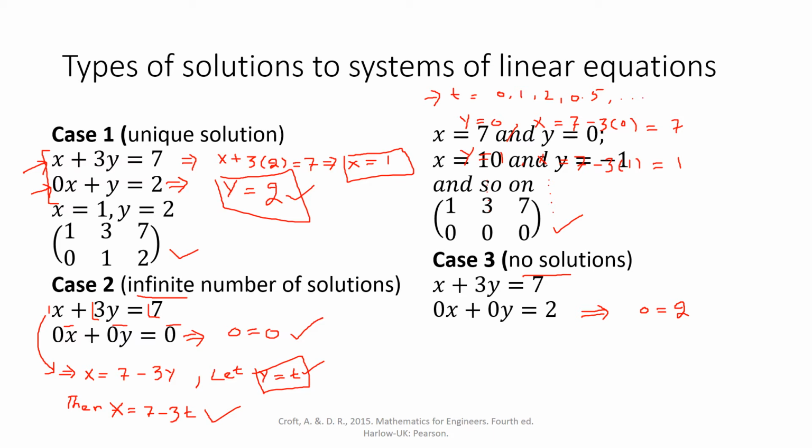So it means this has some problem, so no solution is possible here. x and y don't have values which could give us these results. Let's go to the next slide. Oh, this is the augmented matrix. Now let's go for an example.